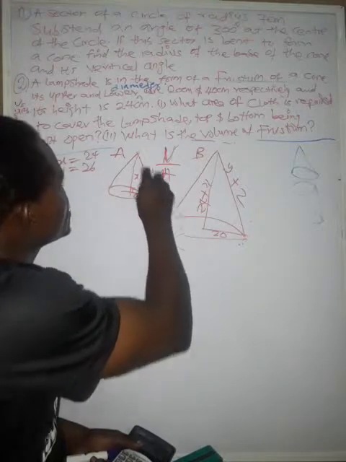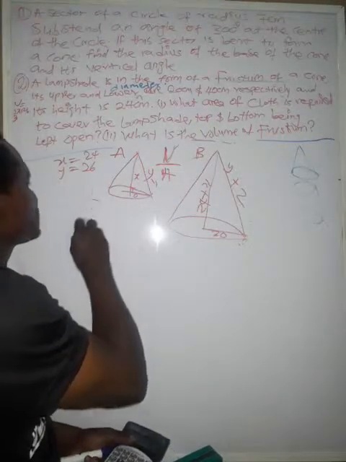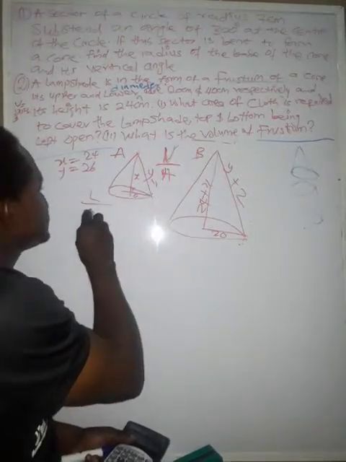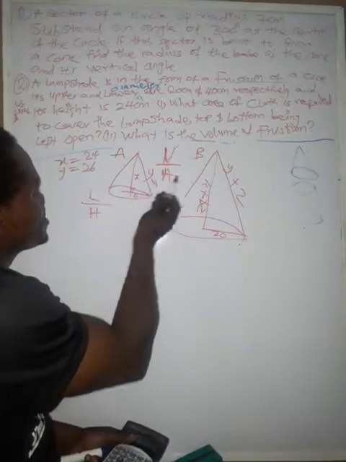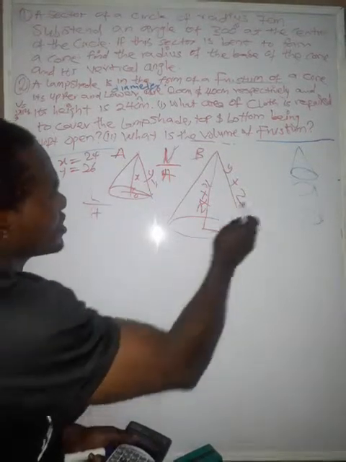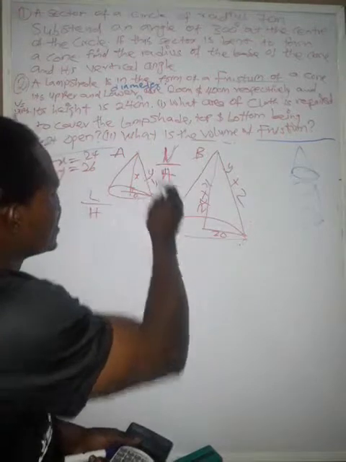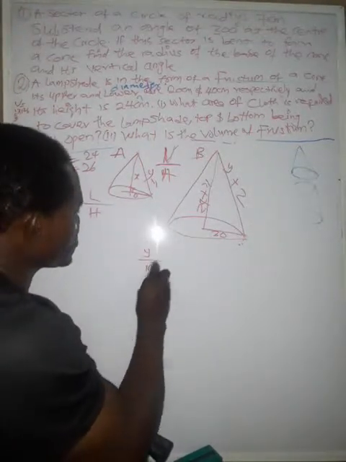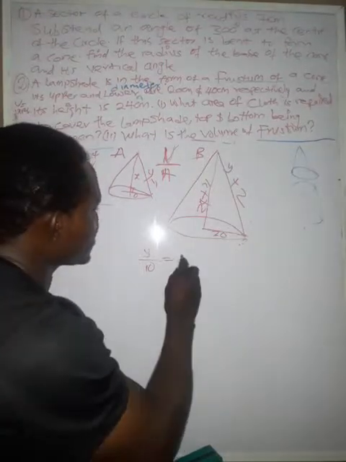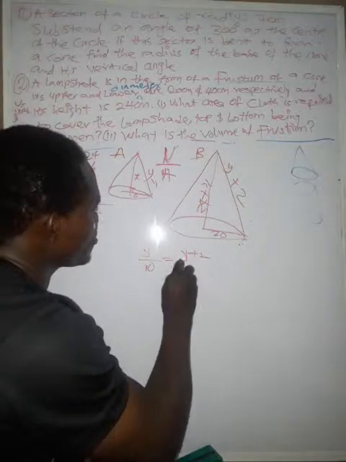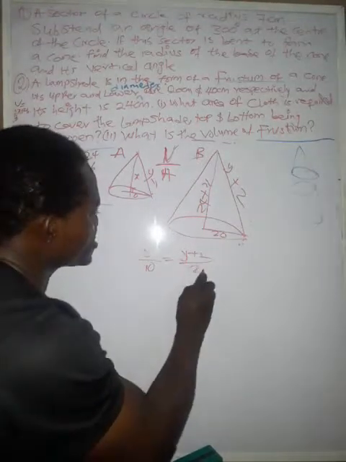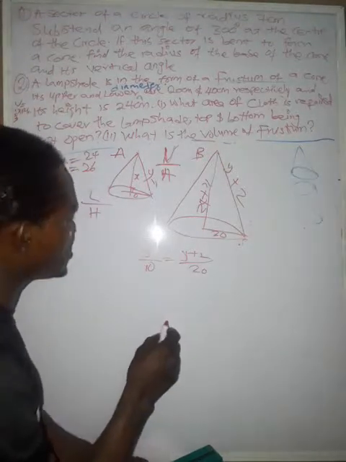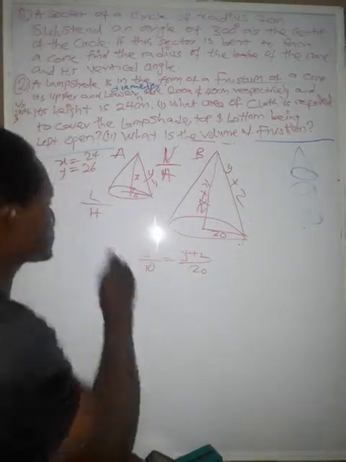Here I want to use the slant of this one divided by the horizontal. So the slant here is y over the horizontal 10, which is equal to the slant here, y plus z, over the horizontal 20. I've already gotten y to be 26.